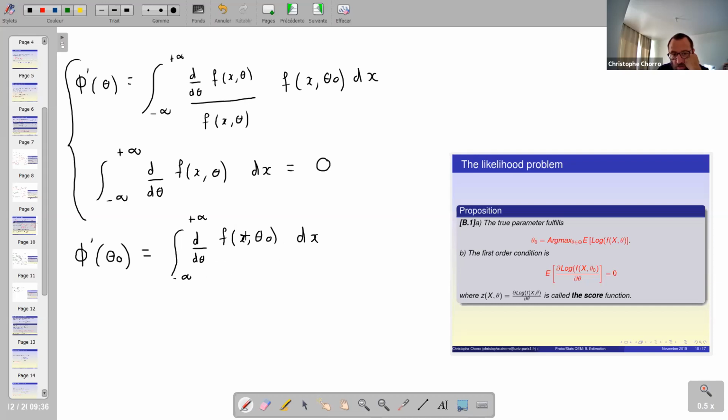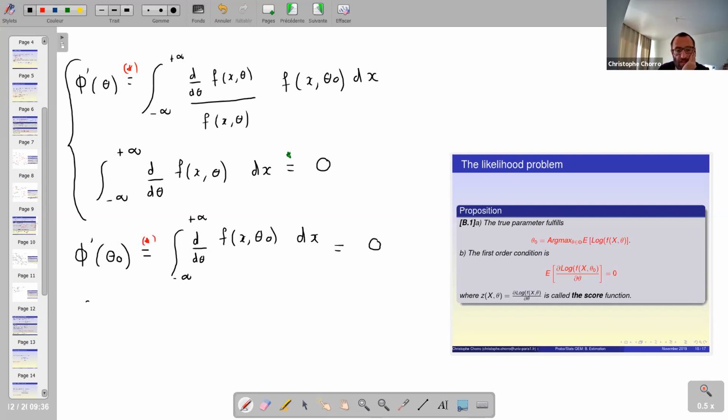That's why only this one remains at the parameter theta 0. So from this relation, I obtain this one. That is equal to what? If I use the second relation, applied for theta equal to theta 0, I obtain 0.